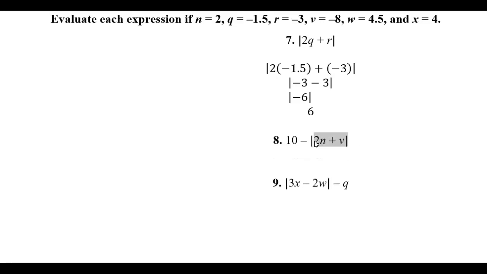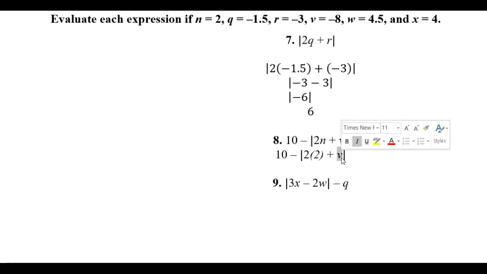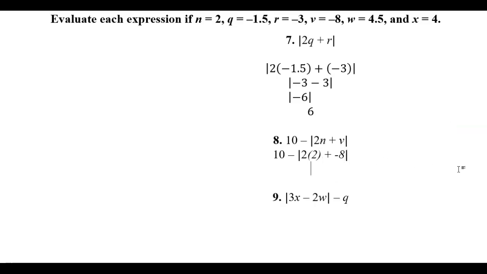In number 8, we're going to do the same thing we previously did, where we replace all of the variables with the values from the table. So n, according to the table, is 2, so we replace that with a 2. And v is negative 8, so we replace this with a negative 8. Then we combine like terms inside the absolute value, and the 10 minus is tagging along. Now we follow order of operations. 2 times 2 is 4.